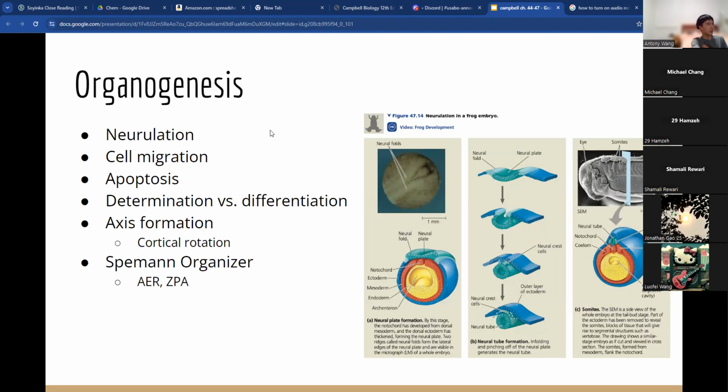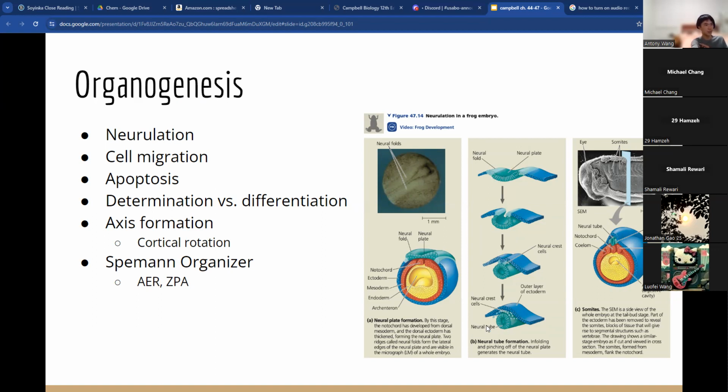Last slide. I'll make this quick. Organogenesis, neurulation. This is really cool. On the dorsal layer of the embryo, the back side versus the ventral belly side, of some animals, for example frogs, a neural plate forms, and this neural plate will eventually fold in, as you see here, and form the neural tube.